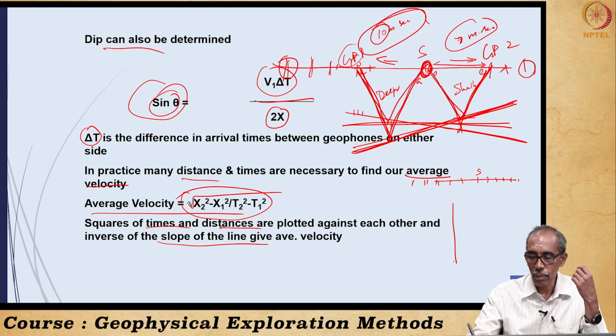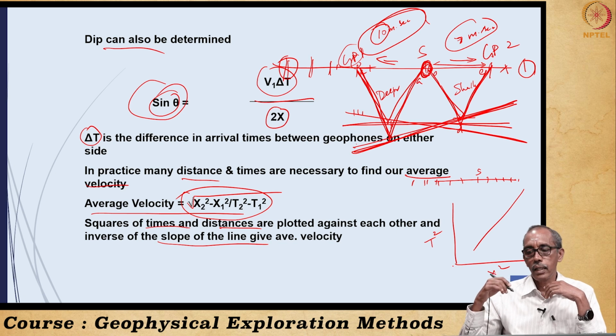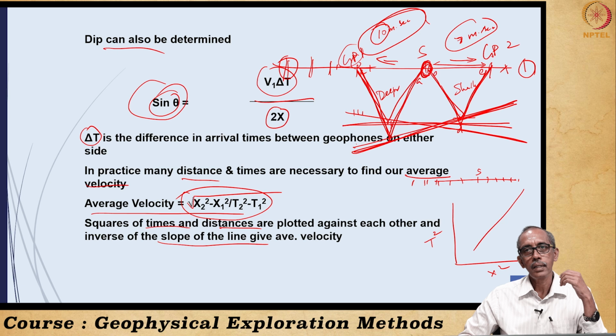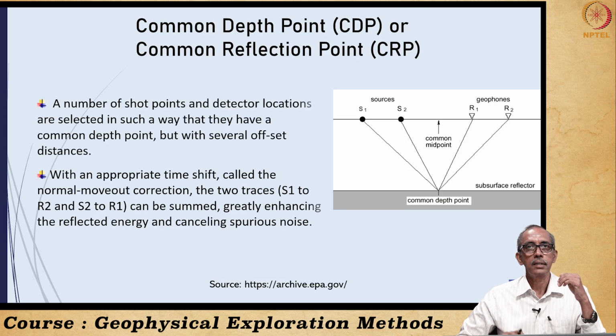That means we plot the square of distances versus the square of arrival times, and the inverse of the slope of this line gives us the average velocity. This is how we can determine the average velocity by seismic reflection survey when the formations are dipping. We had a look into this in the previous lecture.